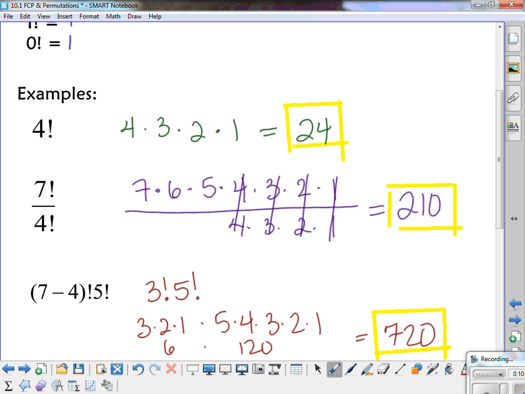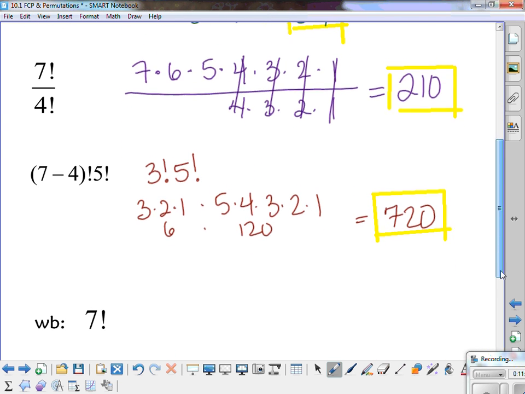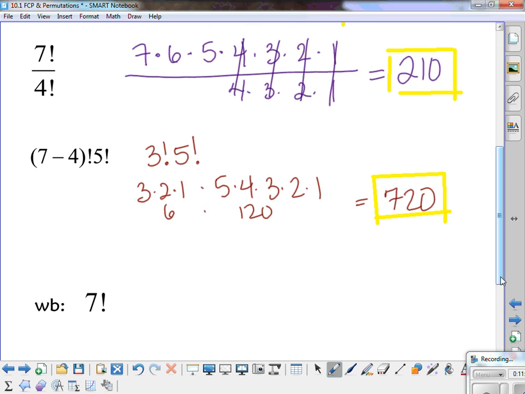Okay, pretty straightforward. Want to do some of those now for yourself? Just make sure you guys for sure understand it. There is one for you guys to do on your own. 7 factorial, tell me what that equals.